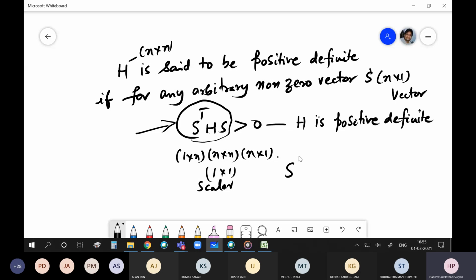If S transpose H into S is less than 0, then it is called what? This H is negative definite.